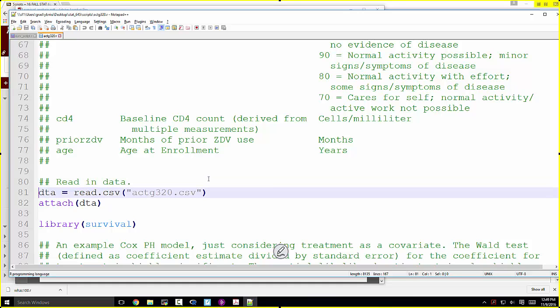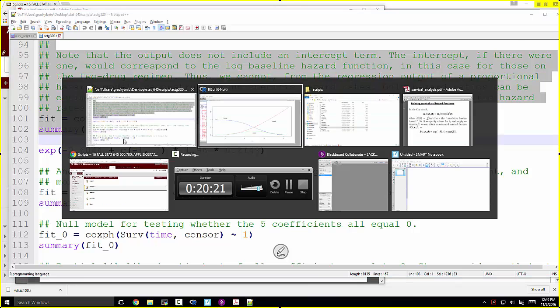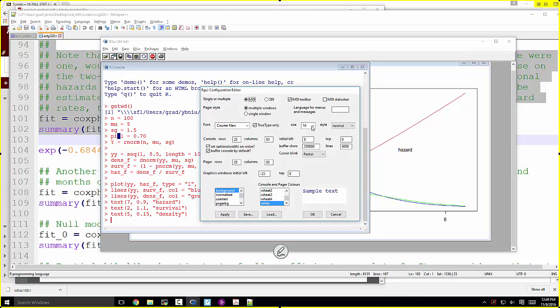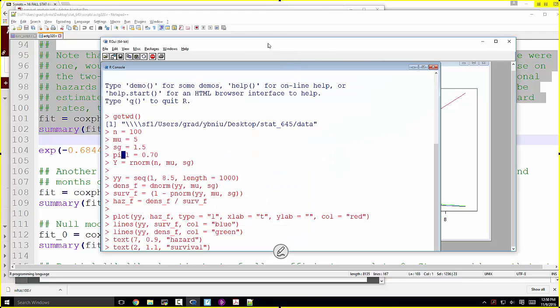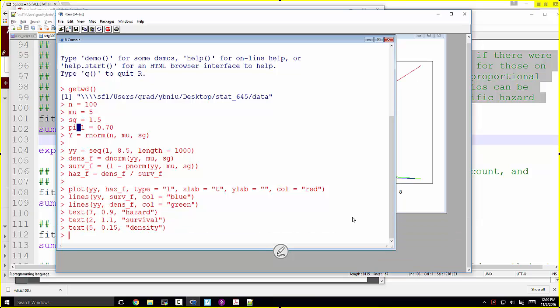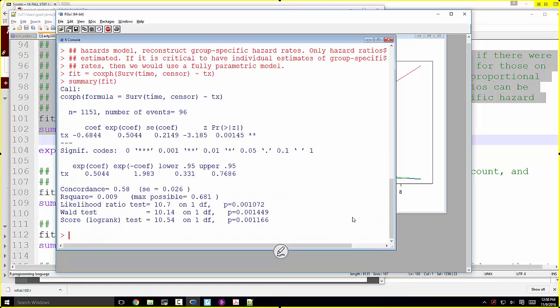I will go from here and look at the output of the fitted model again. Make this a little bit bigger. So we fit initially this Cox model where we said our event time is the response, model it in terms of this categorical binary variable for treatment.